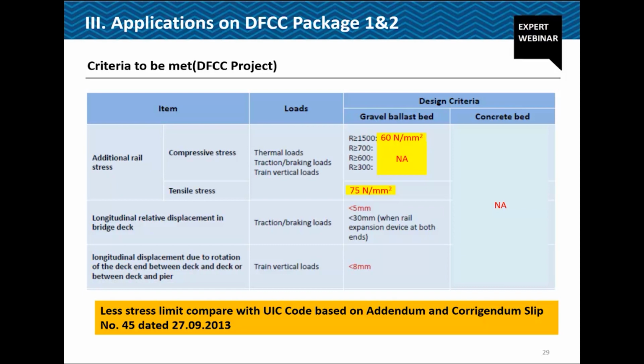This value is given in the IRS addendum and corrigendum slip number 45. So we are following this value rather than the UIC code. The other requirements are the same as the UIC code.